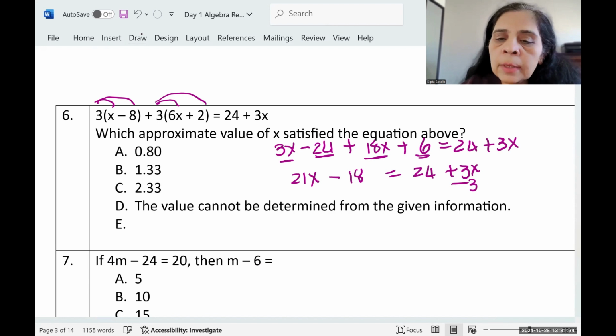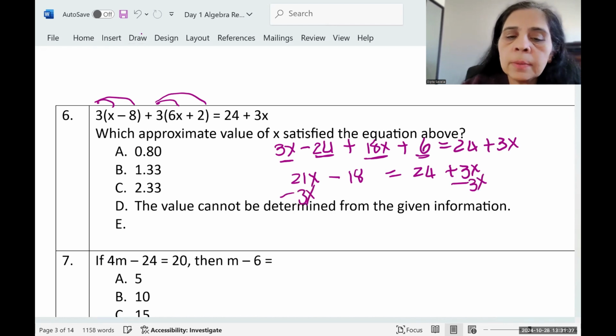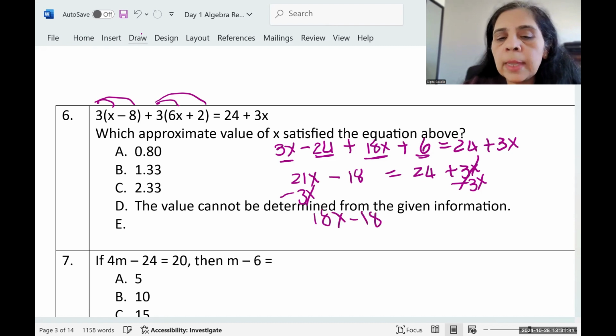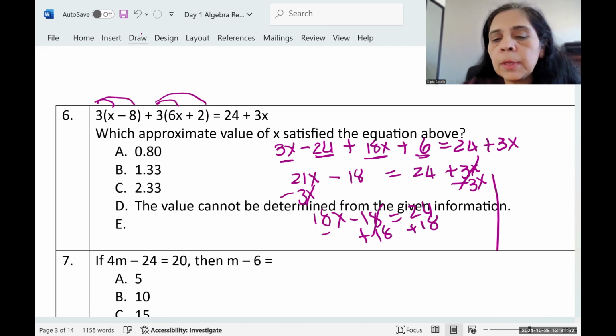Now we can subtract 3x on both sides. So again, we have 18x minus 18 equals 24. Add 18 on both sides. So now you can just divide by 18. Let me complete here.